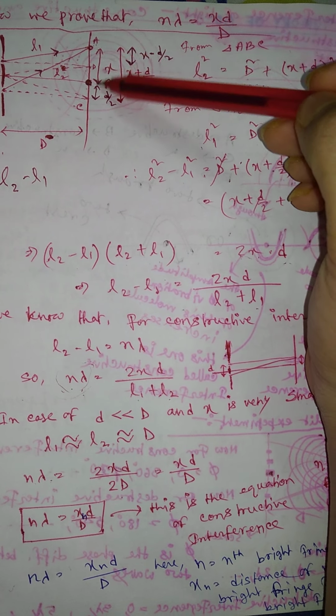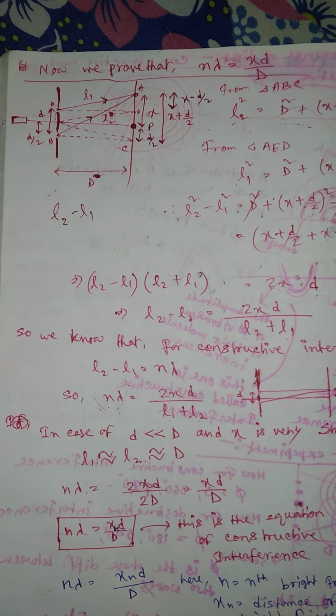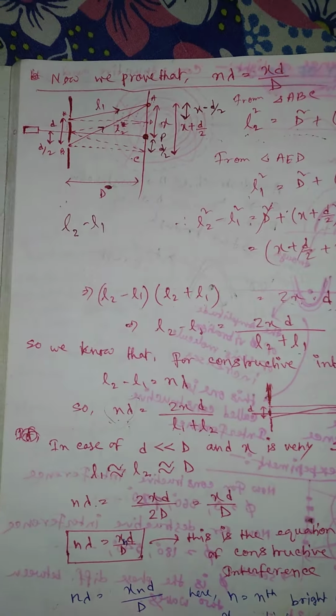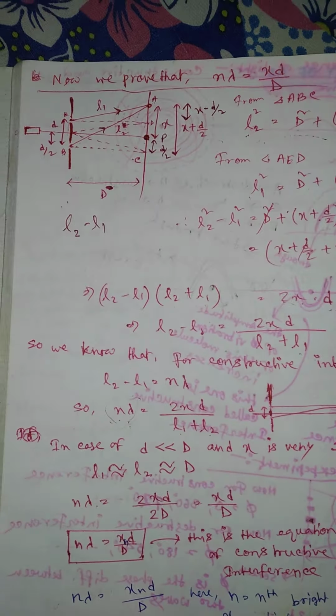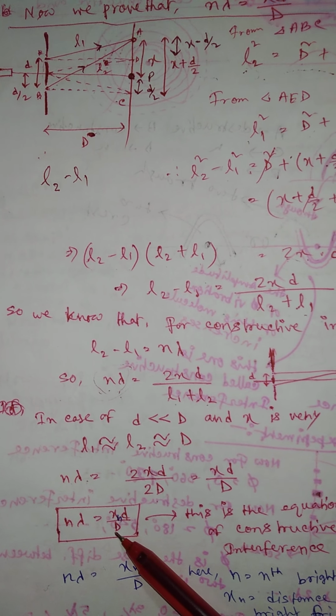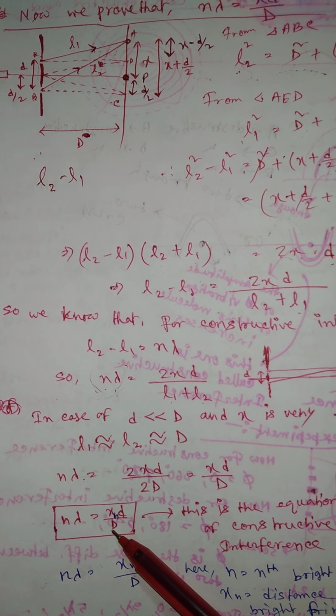Lambda is the wavelength of the light coming from the monochromatic source, capital D is the distance between screen and slit, and small d is the distance between the two slits.